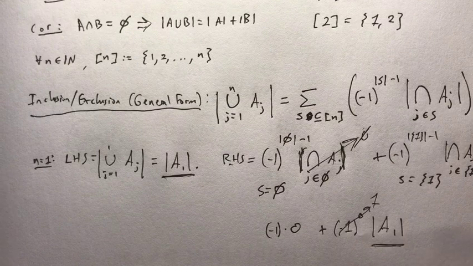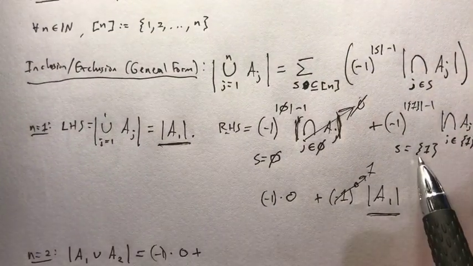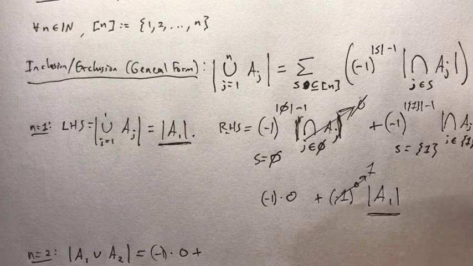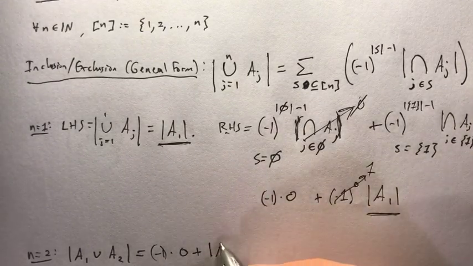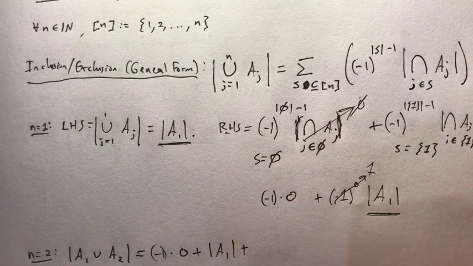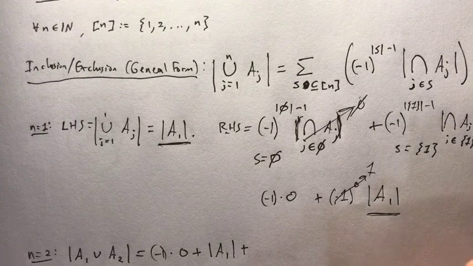Now plus, for the set bracket 2, that's the set containing the elements 1 and 2. First I've got the subsets of size 1, so it's either the set containing the element 1, intersecting all the sets in the set containing the element 1, which is just A1, plus intersecting the sets that are just A2, which is just A2.